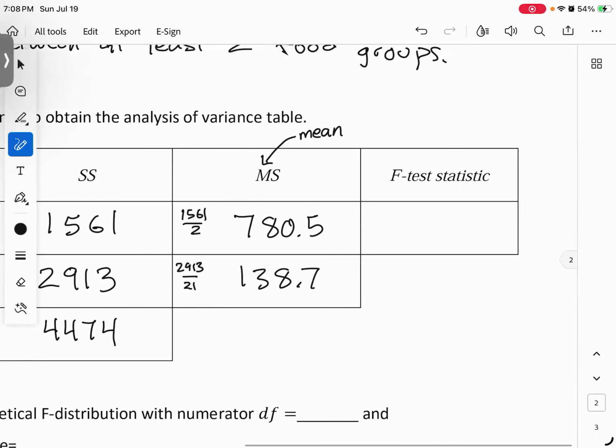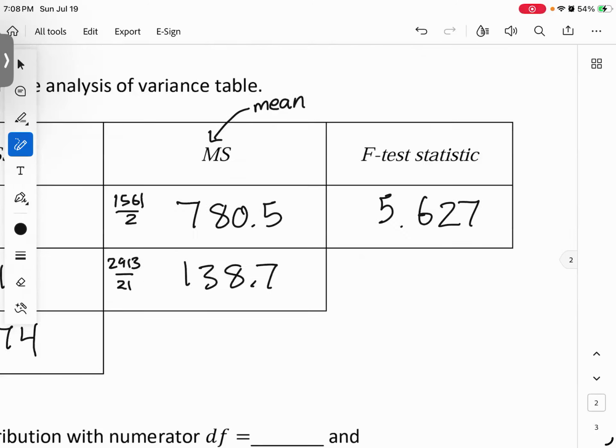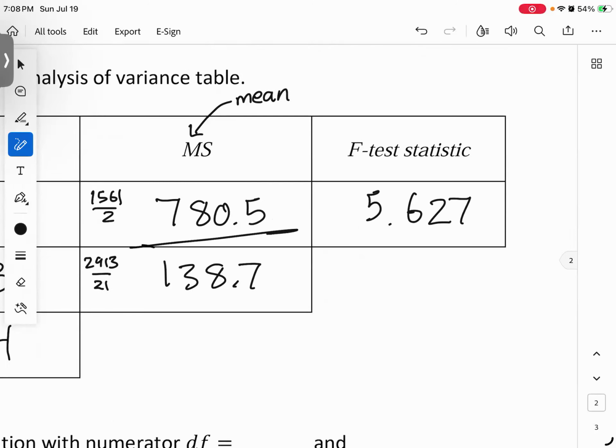And then lastly, we saw that Stacky had a 5.627. And the way that it did that, again, I want you to try it, was dividing these two. Like the 170.5 divided by the 138.7. And the reason why I'm doing this is to show you that on the next example, it's going to be more on us to do some of these smaller little calculations.